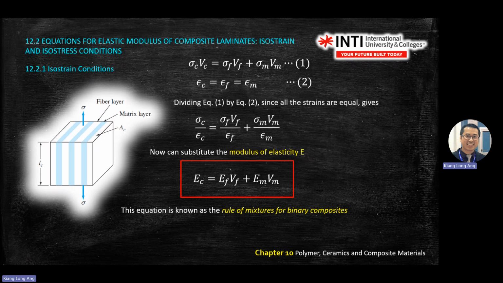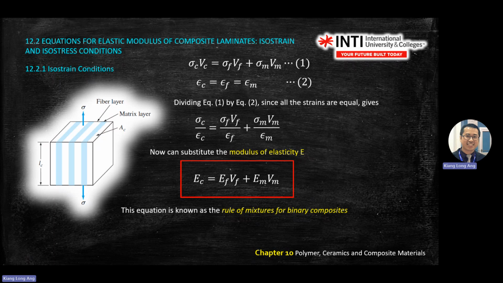So the derivation we already covered in the previous lecture. This one that I highlight here is called the rule of mixtures of binary composite. Binary means two components. You have fiber and matrix. So this is the isostrain condition.